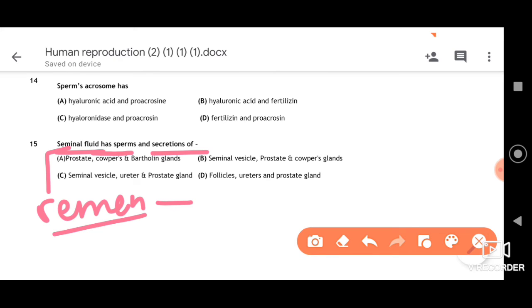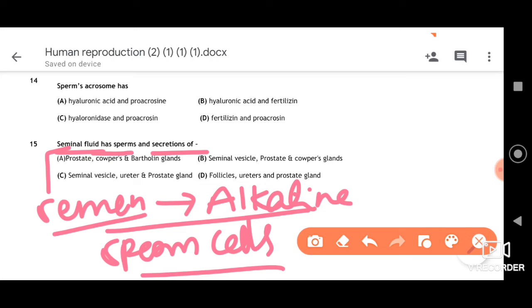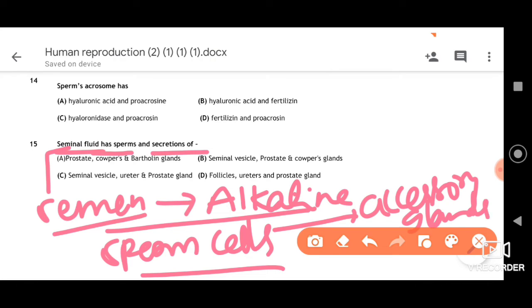It is slightly alkaline in nature and it is a mixture of sperm cells and also many secretions, especially of the accessory glands.